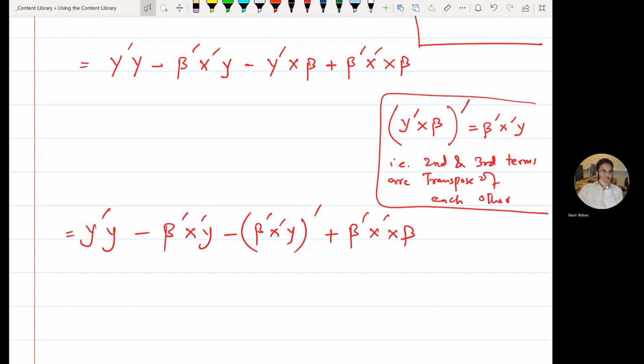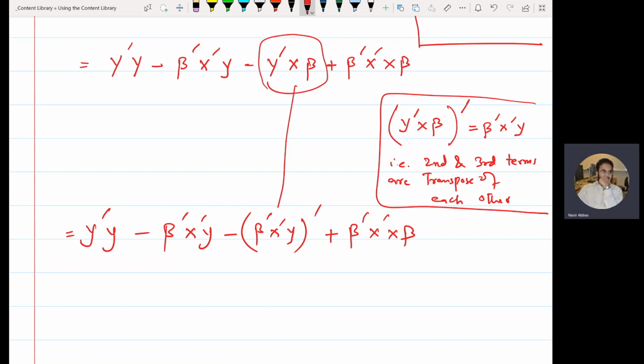Instead of this thing, I wrote this thing. It's the same. If you apply the transpose on this one, it will be y transpose x into beta, the same thing, right? I think I proved the other way. On that box, I proved the other way, is it? Yes. Yeah, I should have proved the other way. Both ways true.